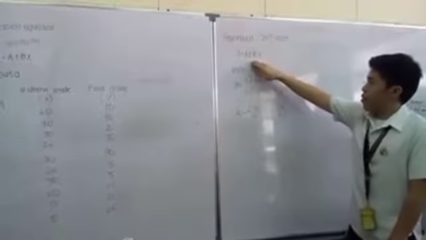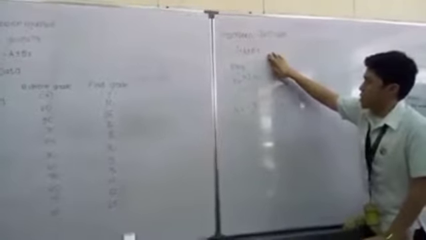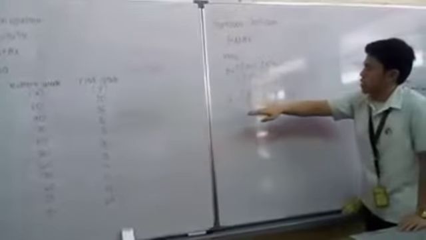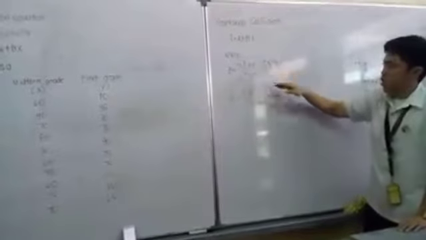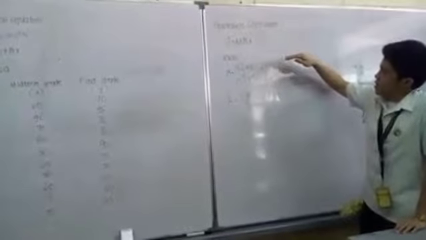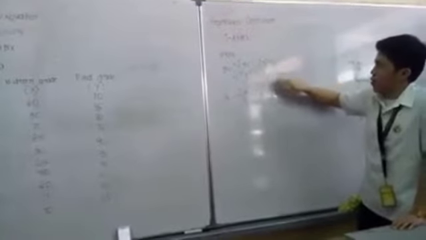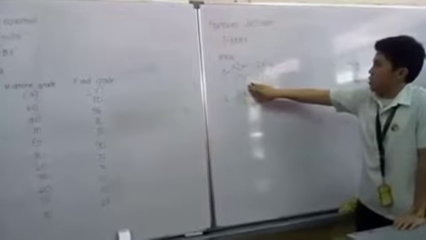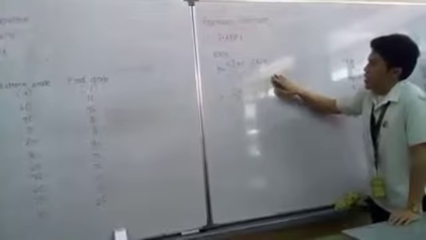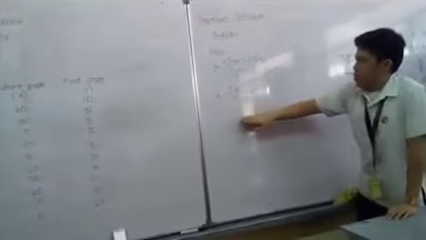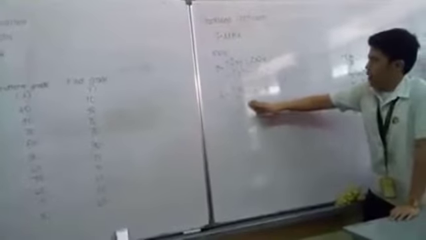Coming back to the formula, y equals a plus bx, where b equals n, the total number of students, times the summation of xy, minus summation x times summation y, over n times summation x squared minus the quantity summation x squared. To get a, a equals summation y over n minus b times summation x over n.